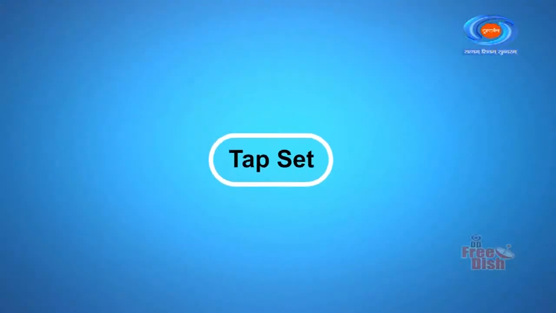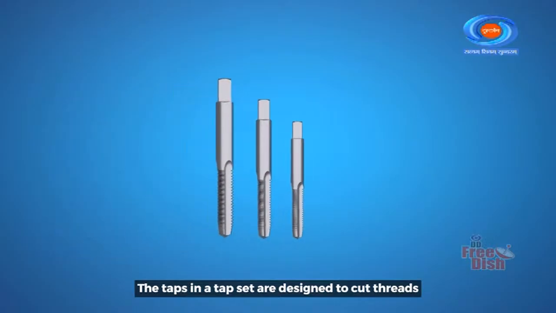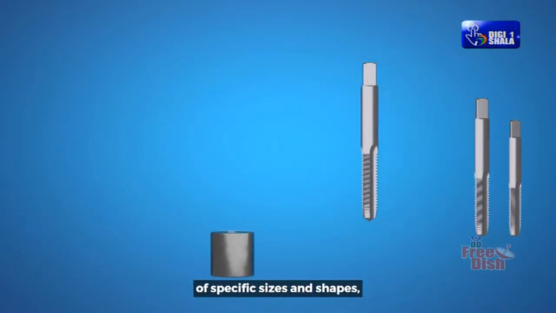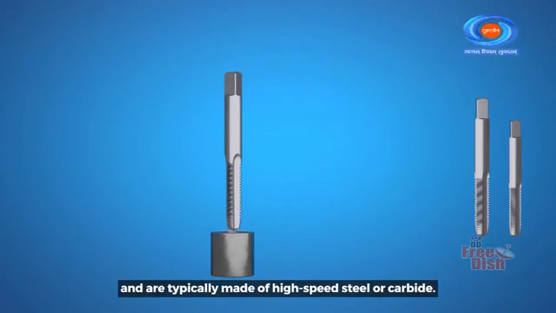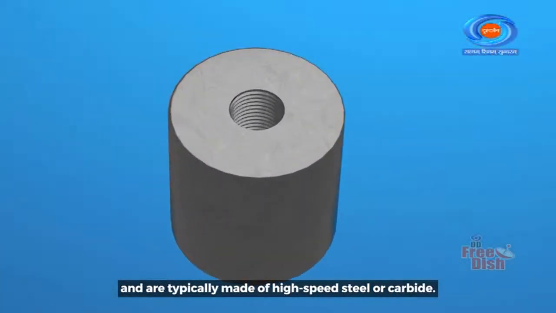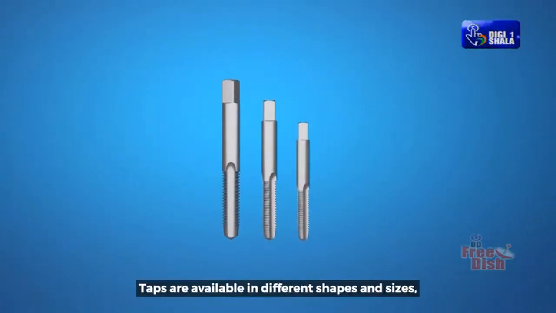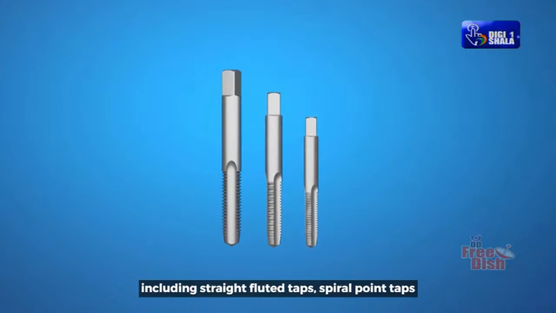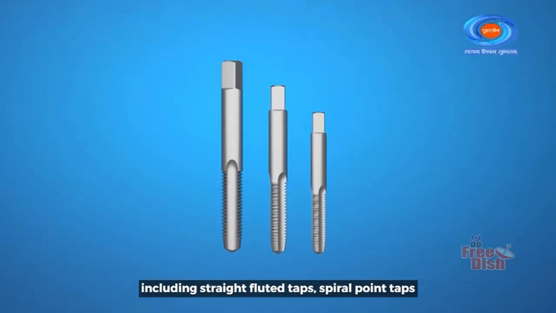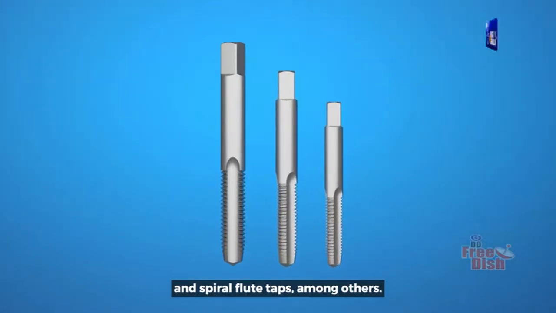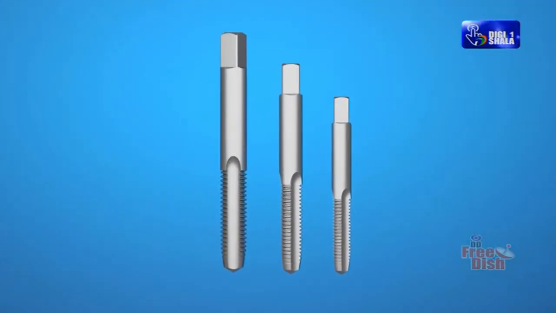Tap set. The taps in a tap set are designed to cut threads of specific sizes and shapes and are typically made of high-speed steel or carbide. Taps are available in different shapes and sizes, including straight fluted taps, spiral point taps, and spiral flute taps, among others.